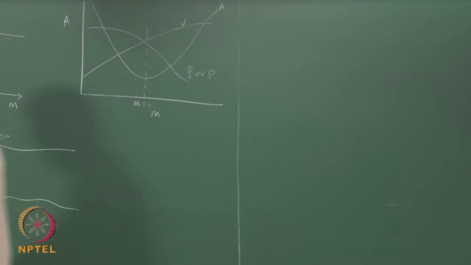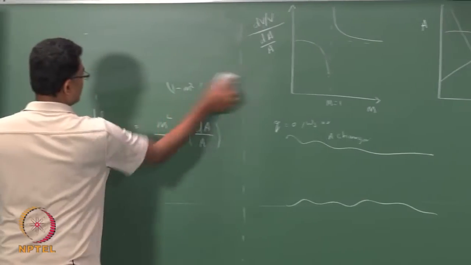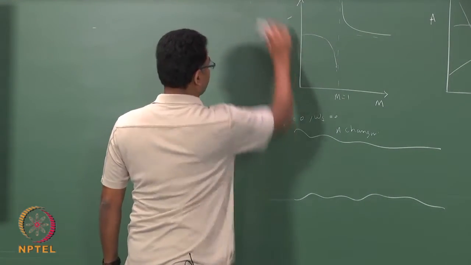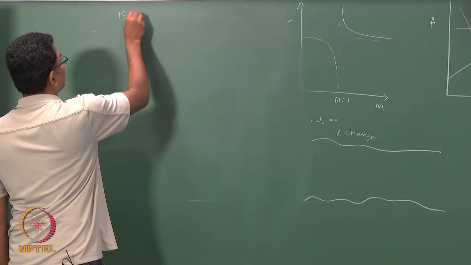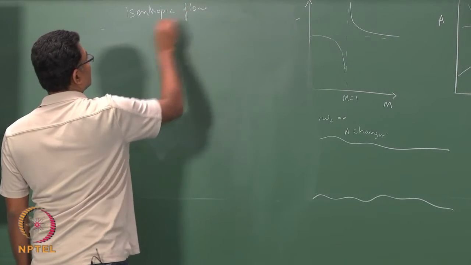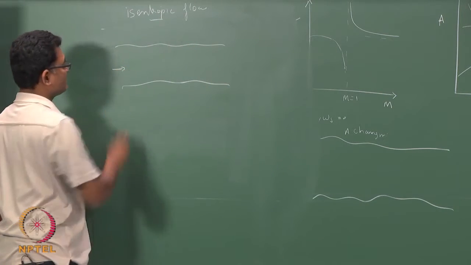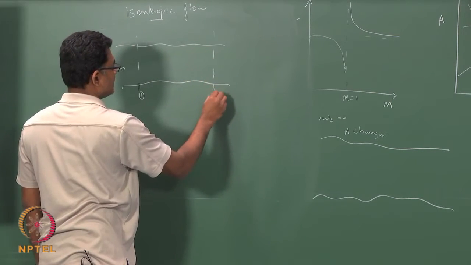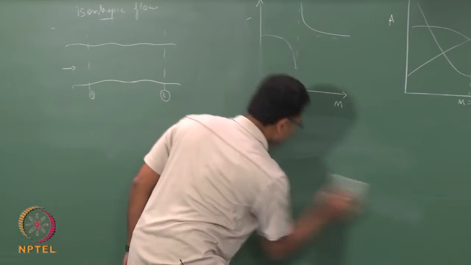So, I would start with an isentropic flow. Some flow at section 1, section 2. How did we see the process in the TS diagram?